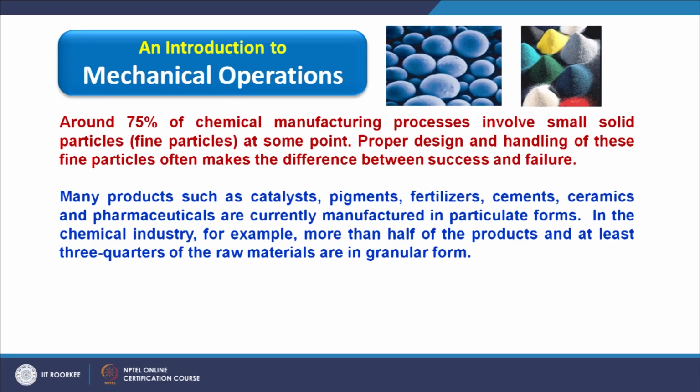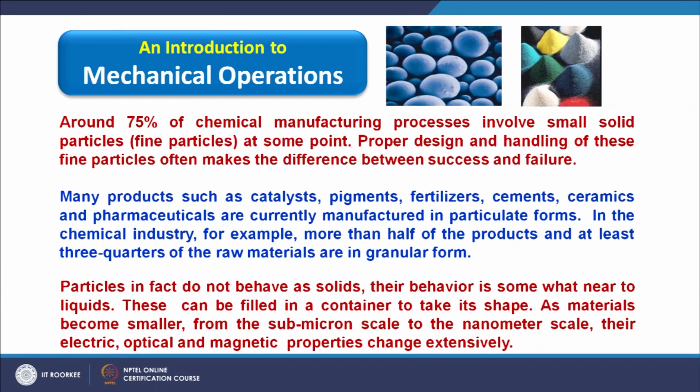In the chemical industry, for example, more than half of the products and at least 3/4 of the raw material are in granule forms. So, we have significant material which we can handle through mechanical operation. Now we have another statement: particles in fact do not behave as solid, their behavior is somewhat near to liquid. Why am I saying this?